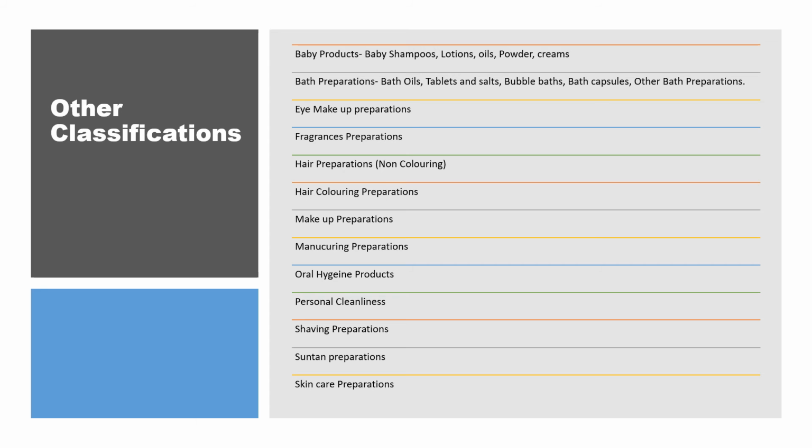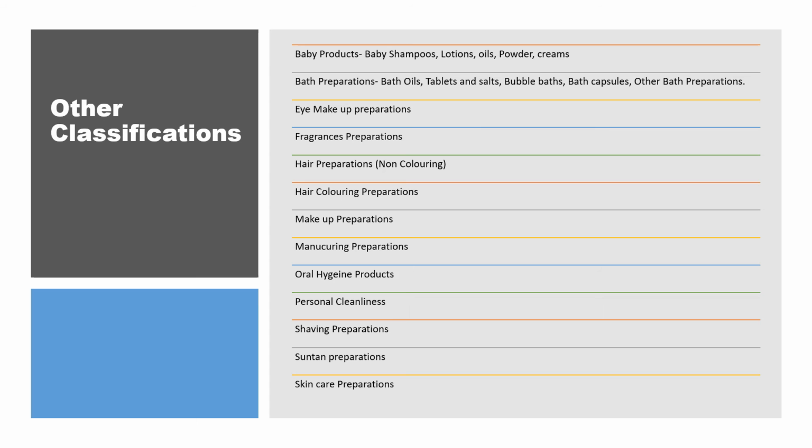Then bath preparation products like bath oil, bubble baths, bath capsules, or eye makeup products like eyeliners, eye lotions, eye makeup removers, mascara, etc. And fragrance preparations like perfumes, cologne and toilet water, and powdered preparations like talcum powders, dusting powders, etc. Then hair preparations like hair conditioners, hair straighteners, weavers, and shampoos.